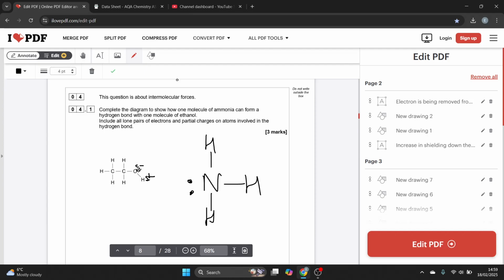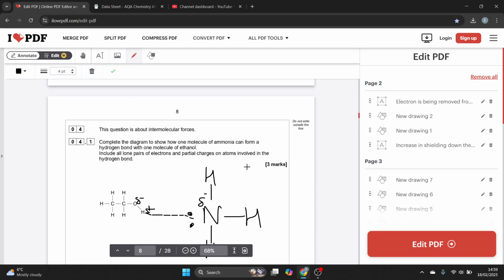Well, all I want to show now is obviously the nitrogen, which is delta negative, and then attraction to the lone pair of electrons. And then perfect. 3 marks it up. But you have to be very specific. Include all lone pairs, include the partial charges, include the lone pairs, and then the attraction, like this dotted line basically.